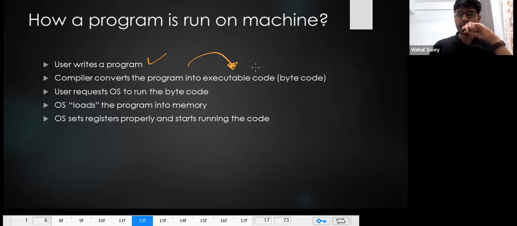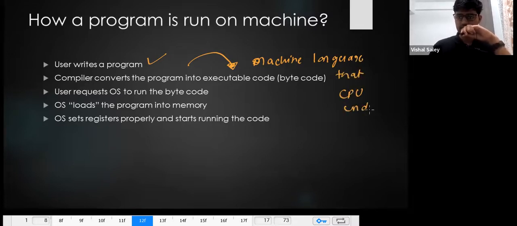This is some kind of machine language that the CPU understands. So you write a program in your language, for example C, C++, Java, Python, whatever. That is a user level language.